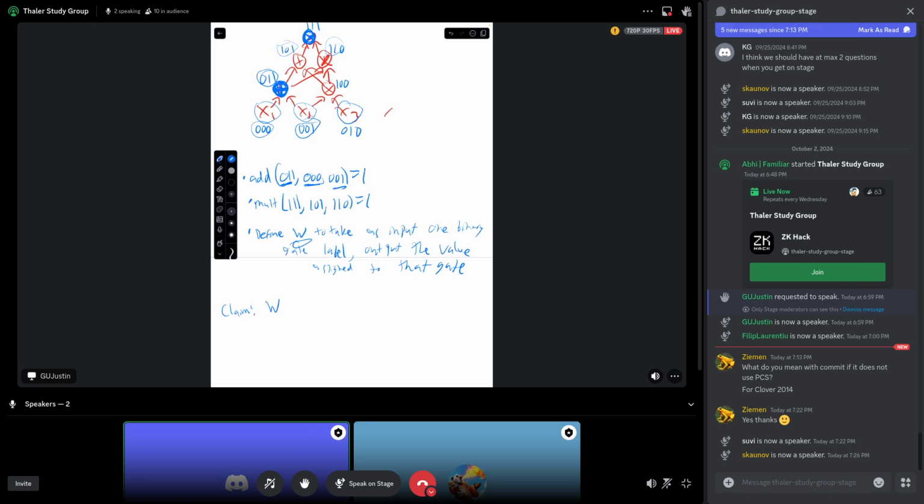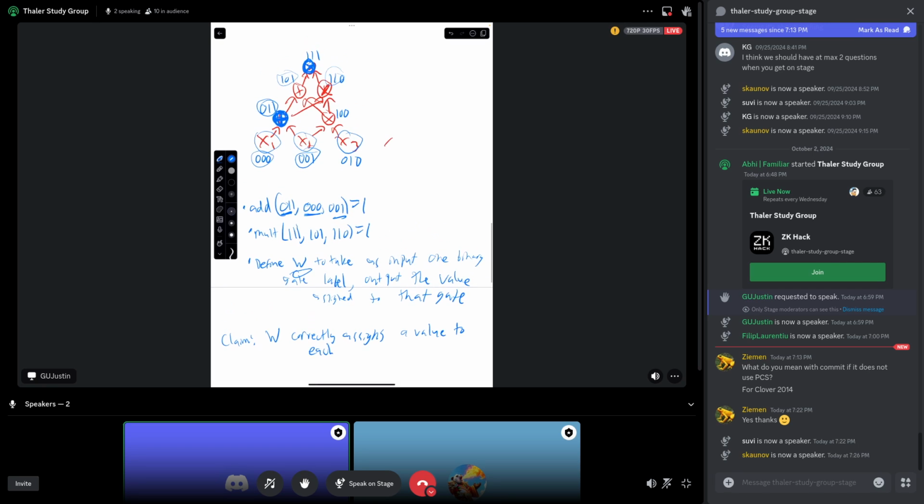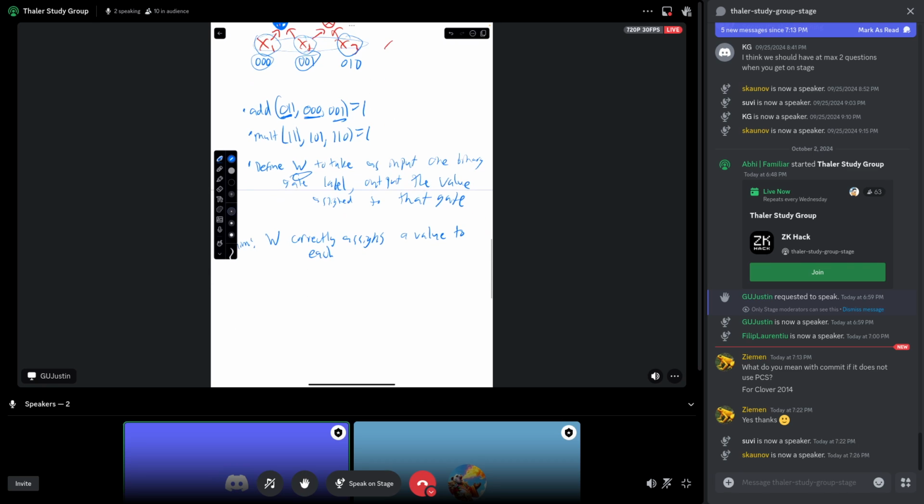So W correctly assigns a value to each gate. And by correctly, I mean it's actually the value obtained by going gate by gate through the circuit and evaluating the circuit on input X, if and only if the following holds.